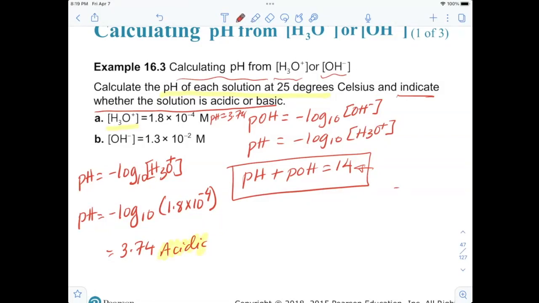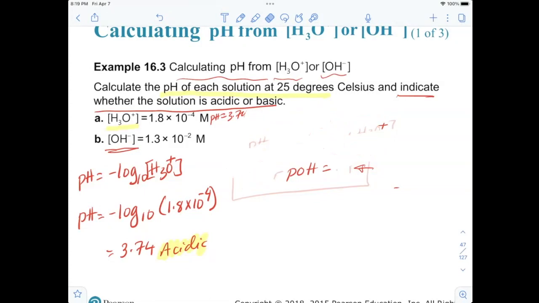For our next one, we're going to be working on pH given OH ions. In this case, you cannot plug the OH directly into the pH formula. So let me go ahead and erase this. I need this space. I'm going to be using those formulas here.